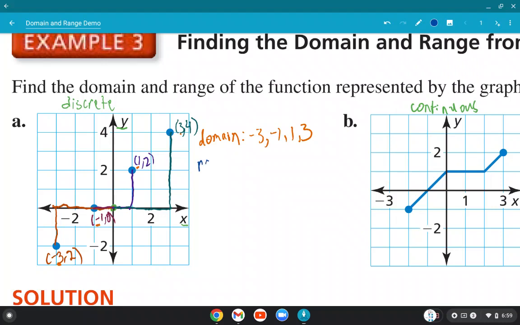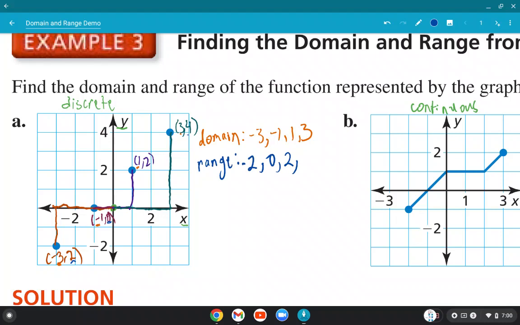Then I'm going to get my range, and I'm going to give the right number that follows them all. With -3, I had -2. With -1, I had 0. With 1, I had 2. And with 3, I had 4. I forgot to put the negative sign earlier. My apologies. Even for somebody who has done this for years, I still forget about my negative sign.